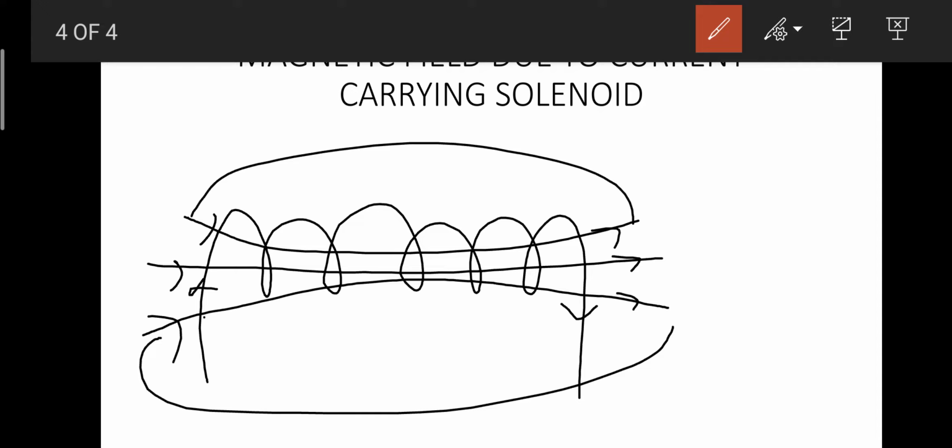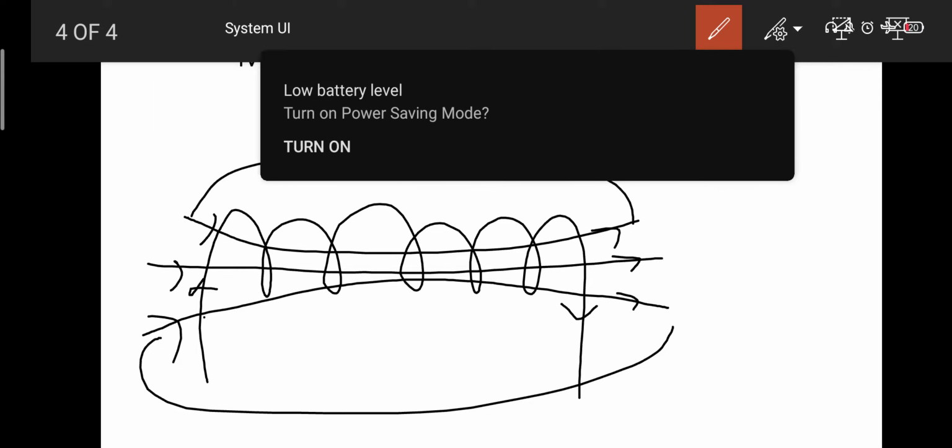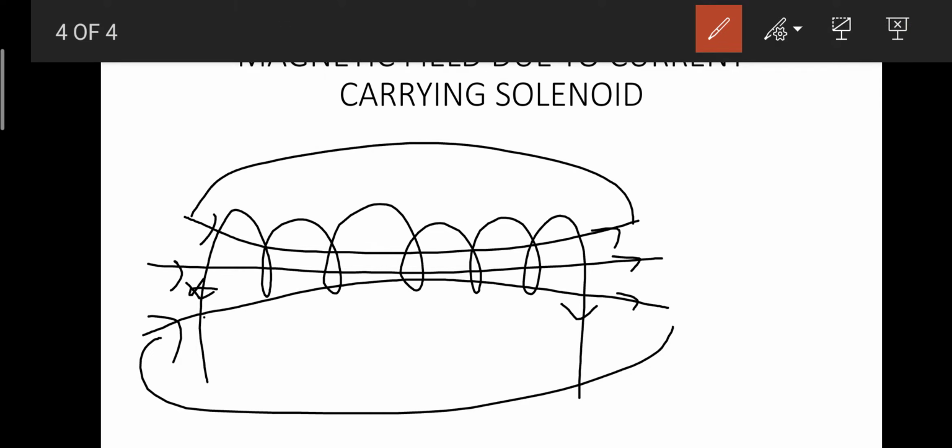So in this state, we have seen all of the field lines which we have drawn in this particular case using the right hand rule. If I want to draw that, this is the case. I have drawn the direction wrong.